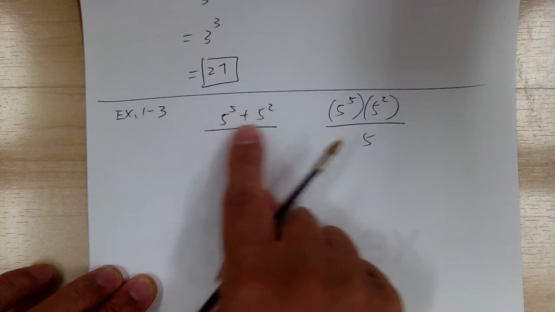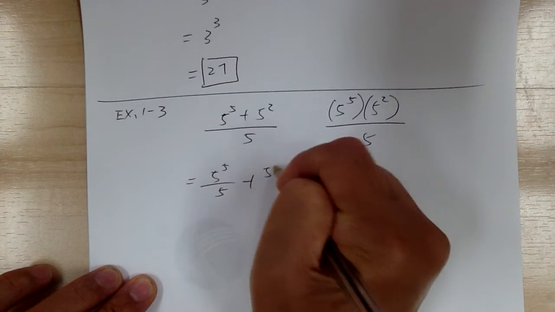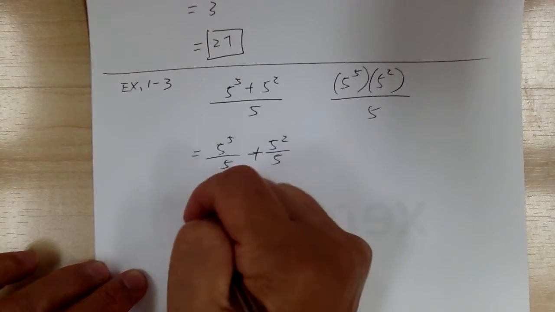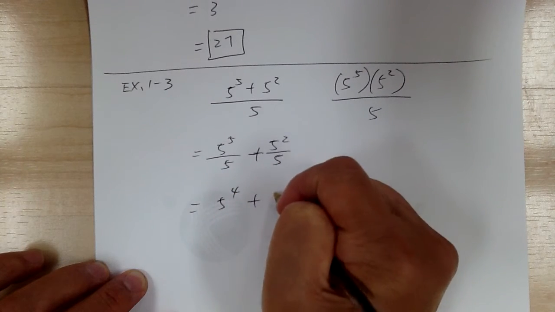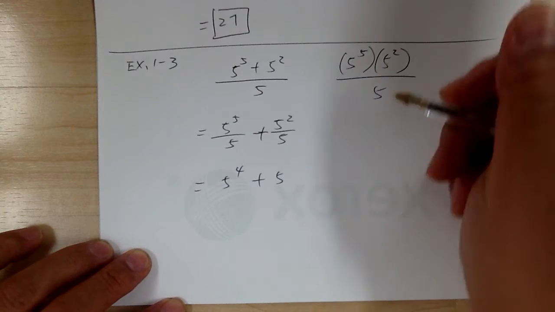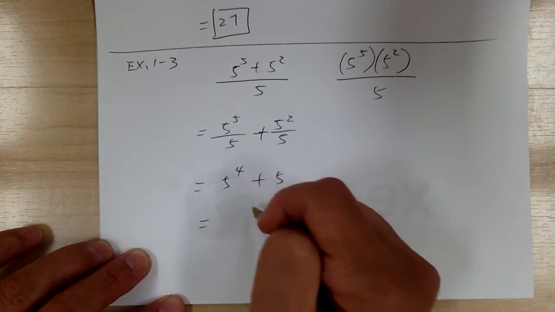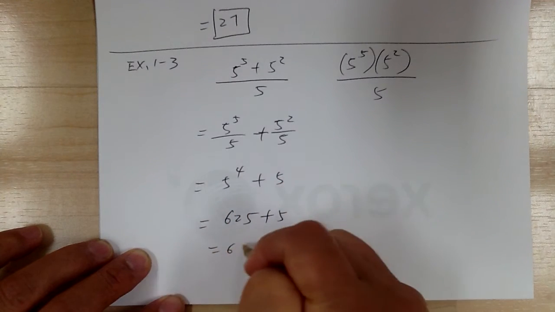So this one you can separate the 2 and apply the quotient rule. So you're going to get 5 to the 4 plus 5 to the 1. And if you add this together, you get 625 plus 5, you get 630.